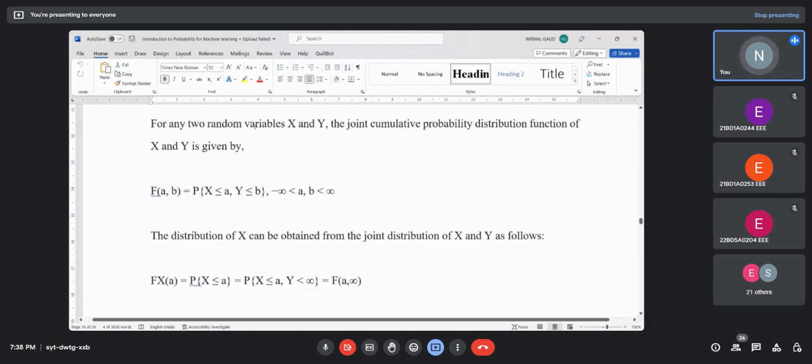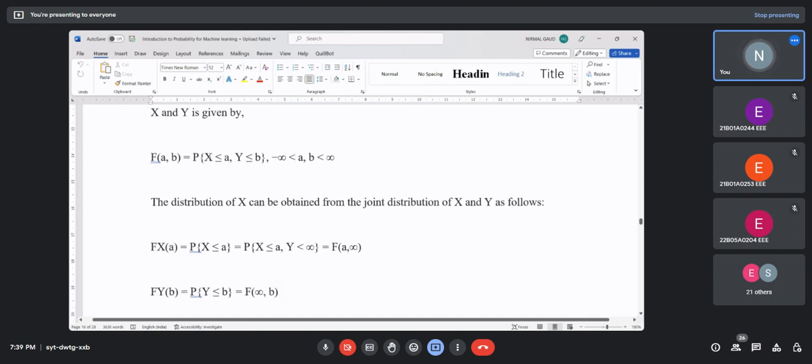The joint cumulative probability distribution of X and Y is given as P(X <= a, Y <= b), where the values of a and b lie between minus infinity and plus infinity. Previously I had only X, but here I'm changing the equations.